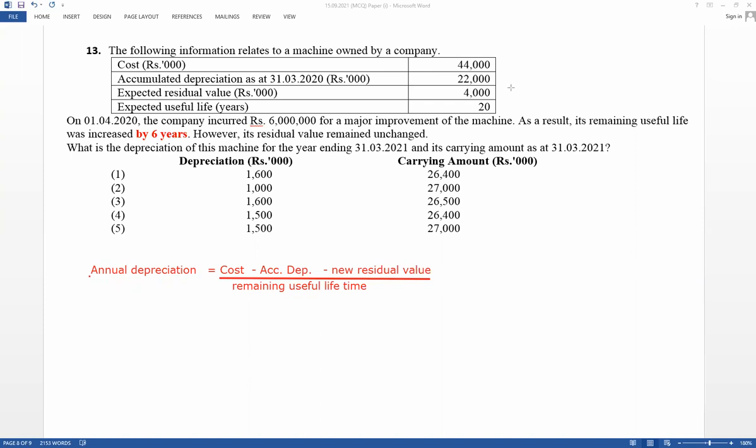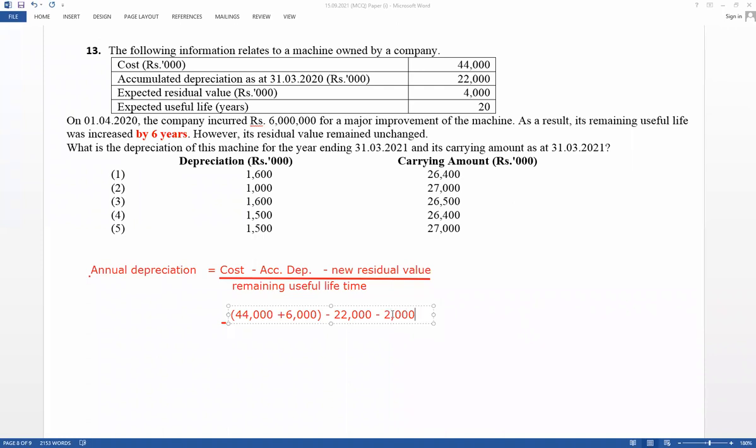Think, cost value we know. Cost value equals 44,000 plus renovation cost, so the cost value can be recognized. Cost value equals 44,000 plus 6,000 equals 50,000. Renovation cost also should be considered as a part of cost value now. And the given accumulated depreciation is 22,000. As well as given residual value remains unchanged. Therefore, new residual value also equals 4,000.